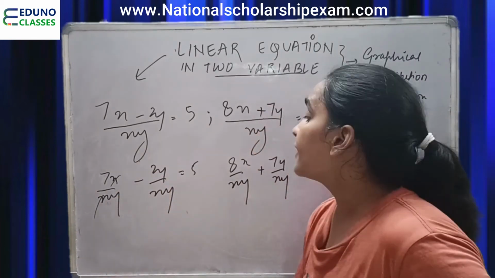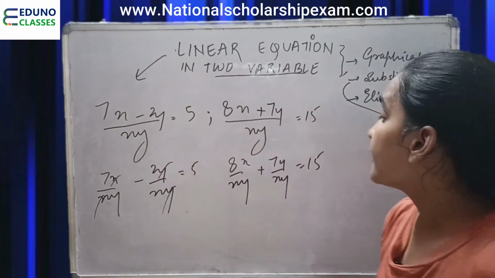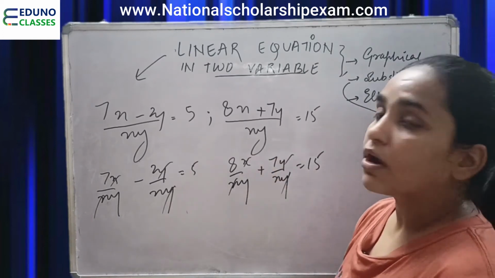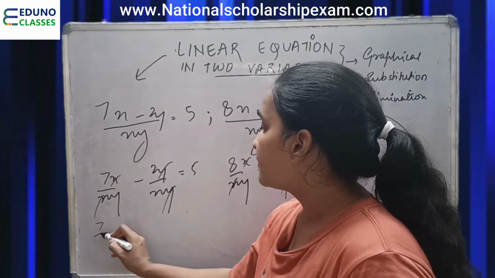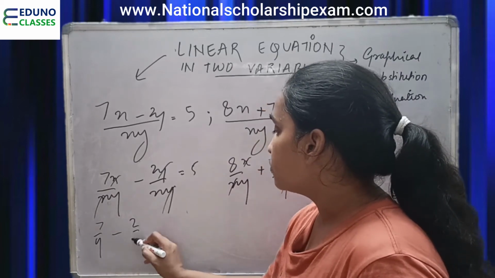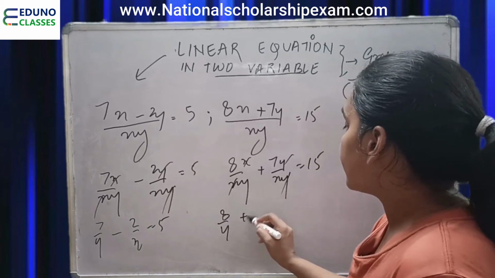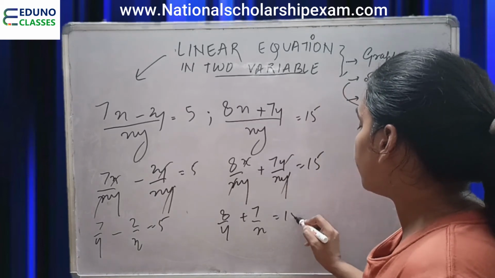X and x will be cancelled. Y and y will be cancelled. Now what are we left with? We are left with 7 by y minus 2 by x is equal to 5. 8 by y plus 7 by x is equal to 15.